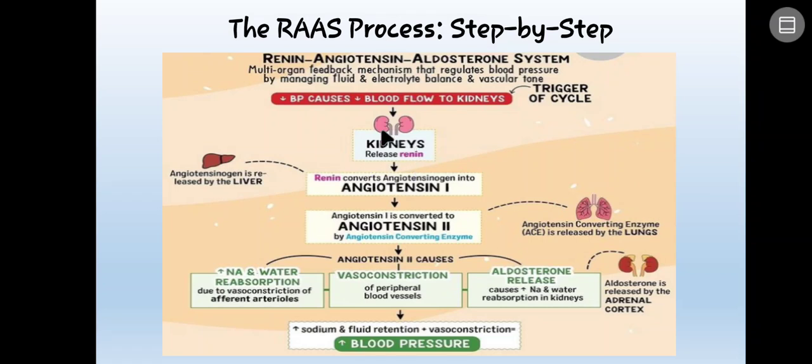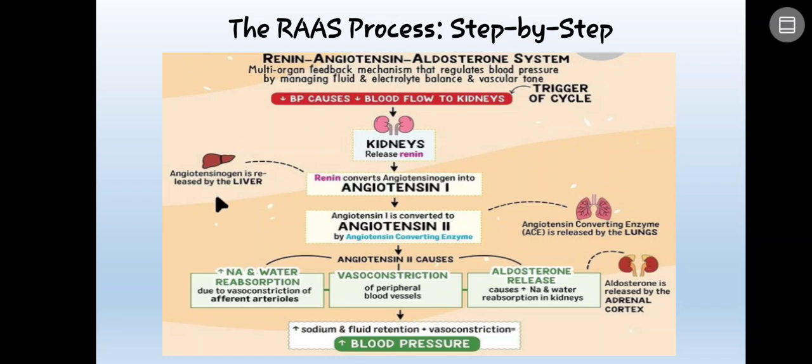Now, the renin has been released following a decrease in your blood pressure, by going through all the processes by which the juxtaglomerular cells produce the renin. So now the renin has been produced and it's in the blood. Already in your blood, we have a protein called angiotensinogen.